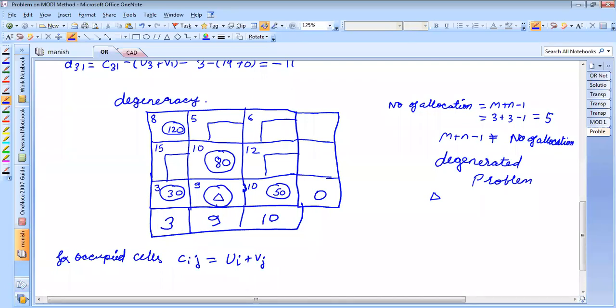Okay, so as I was saying, again we will calculate Cij values. So here, if I take u3 equal to 0, v1 will become 3, v2 will become 9, v3 will become 10.